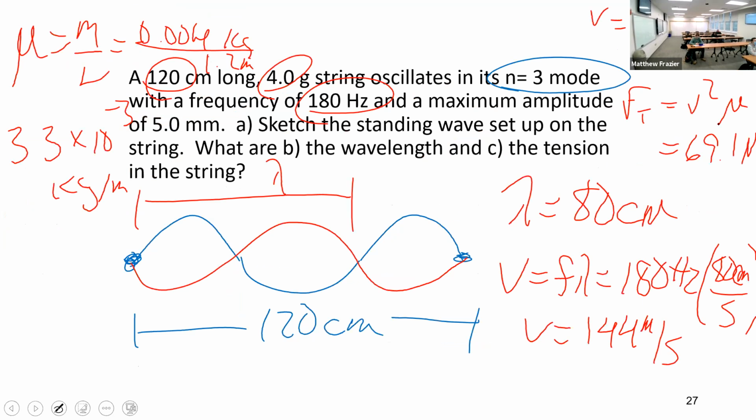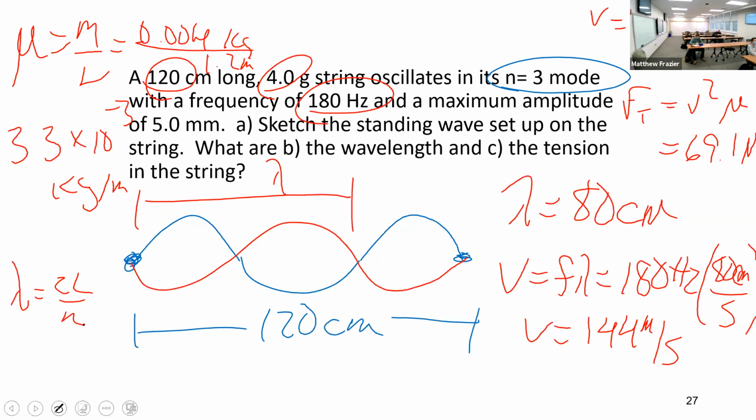So we worked through a problem where it was given a frequency, the length of a string, and the mass of the string. And we're told what mode it was operating in, which gave us an idea of what the wave looked like. I drew it here in blue and red. We could deduce the wavelength had to be 2/3 of the total length, because the formula is lambda is 2L over n, and n was 3.